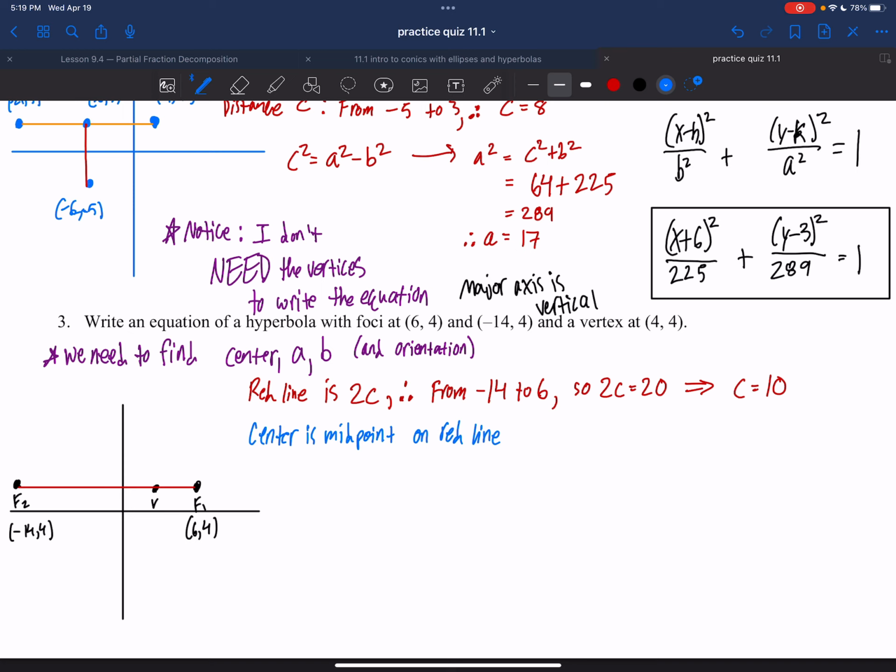Focus 1 is the same distance as focus 2 from the center. So the center is the midpoint on this line. What's the midpoint? Well, it's going to be 10, so 6 minus 10 is negative 4. So the center is going to be negative 4, comma 4.